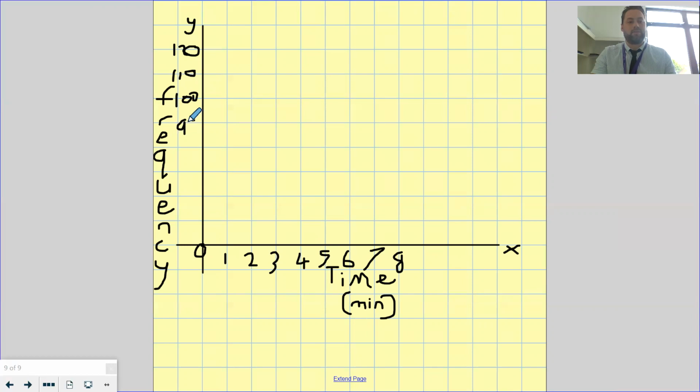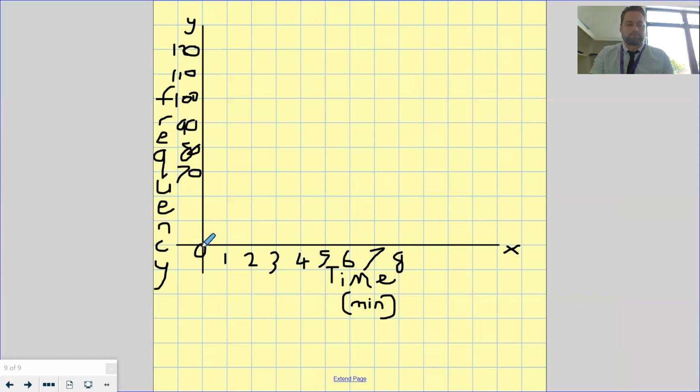And again, notice how the numbers are on the line, not in the square. It'll be the only time you're asked in maths to write numbers on the line. Okay, so that would all go all the way down to 0.